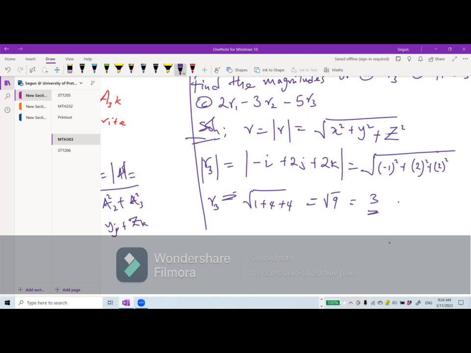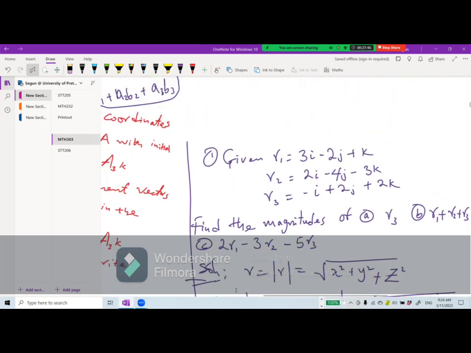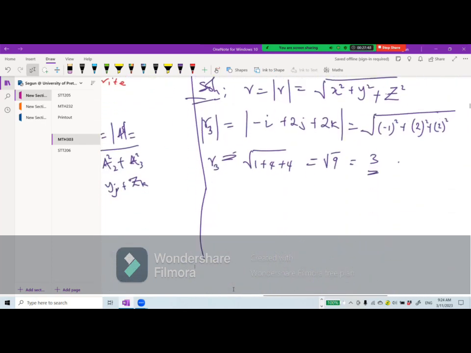Then we can go ahead and solve for the rest. How do we solve for R1 plus R2 plus R3?